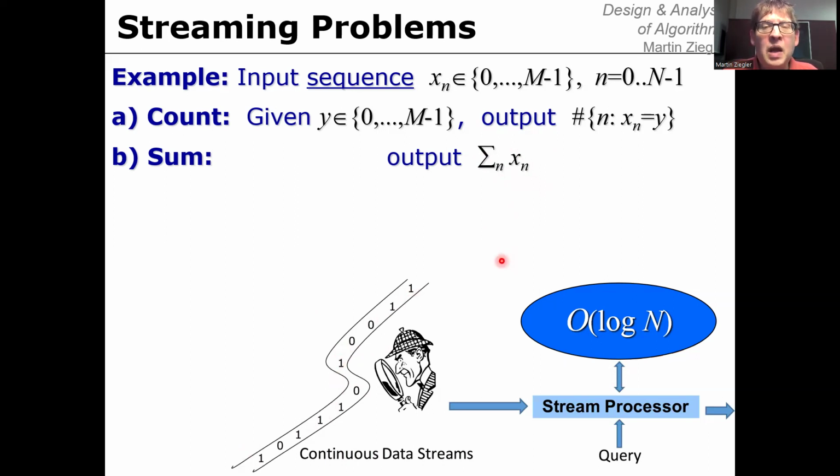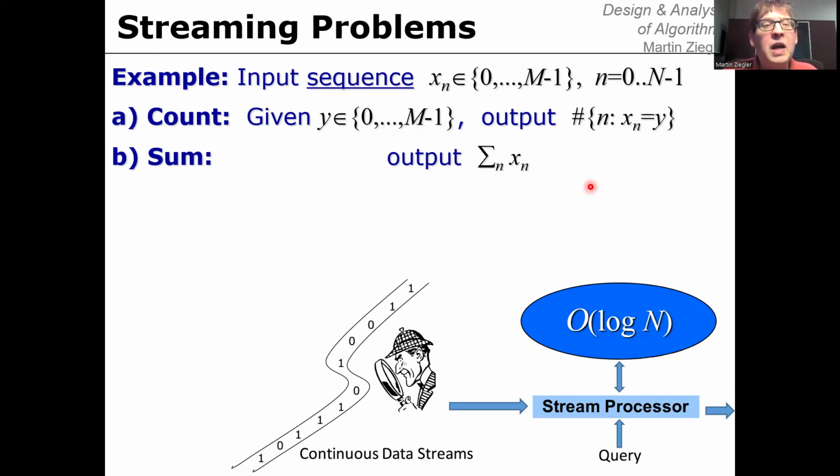We want to know how many bits we need for that algorithm, and that corresponds to the question, how large can that accumulator become? In the worst case, all the entries in the sequence are as large as possible, maybe something like M minus 1, so that we have capital N times capital M, and the number of bits to store N times M is log N plus log M. So that's the streaming algorithm for the sum problem.